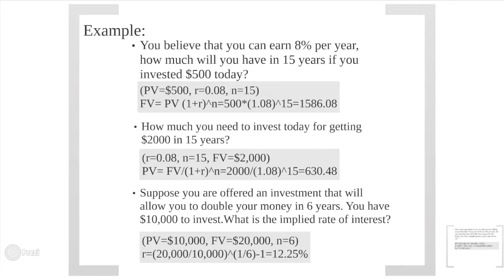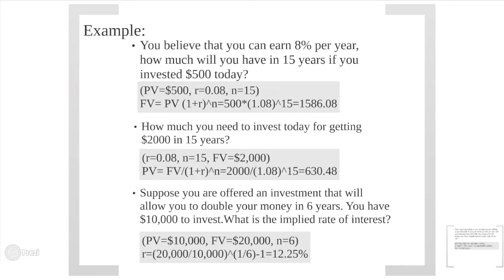Then how much do you need to invest today for getting 2000 in 15 years? So from this question, we can find that the r is 8% and the n is 15 years as the previous one. But we also get the future value here. The future value is 2000.